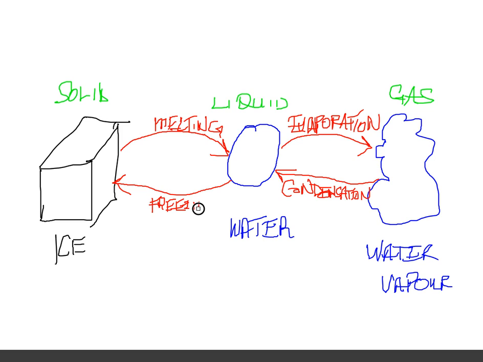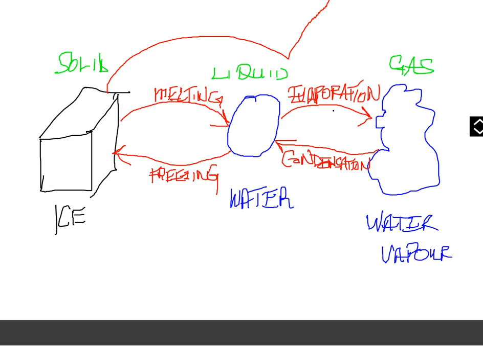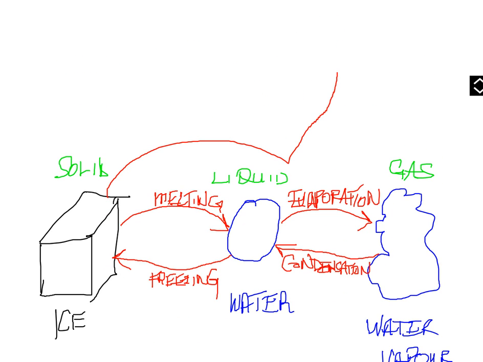Now, there are actually some additional phase transformations that are also possible, and these ones are, of course, a little bit less familiar. It is possible to go all the way from the solid phase to the gas phase. Not easily, apparently, the way I'm drawing.